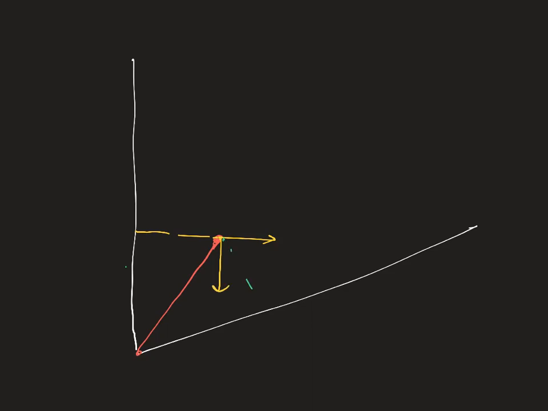Likewise, E perpendicular, E parallel. And what is this angle? 60 degrees. What is this angle? 60 degrees. What is this angle? 30 degrees. What is this angle? 30 degrees. So let me mark them. This is E perpendicular, this is E parallel, this is E perpendicular, this is E parallel.